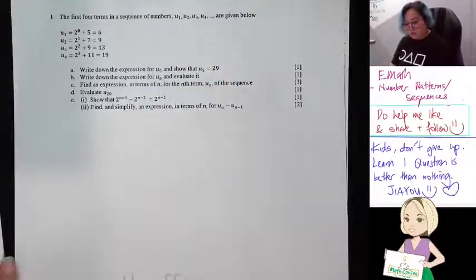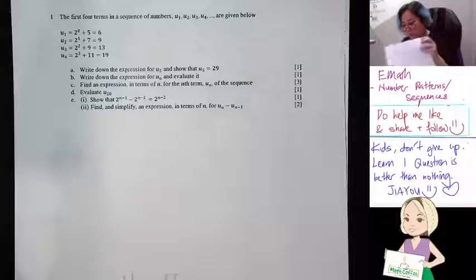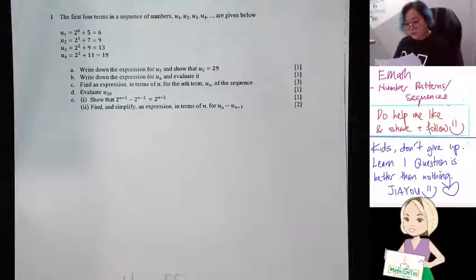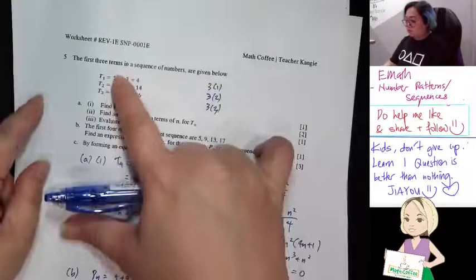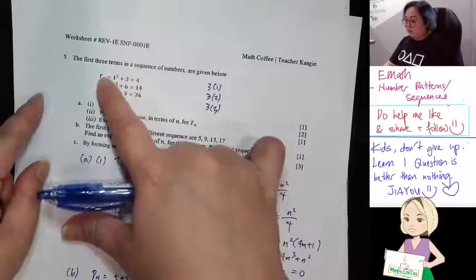Okay, so this one is still a little bit similar to the previous, but this time round, just now in the previous one, the base is 1, 2, 3. That means the base follows the n.